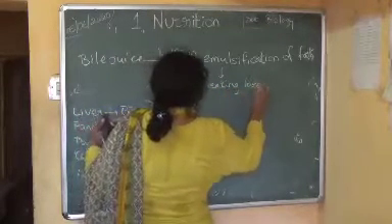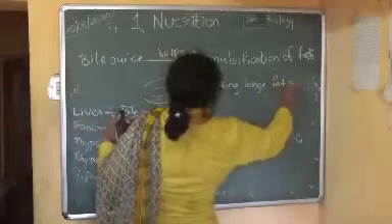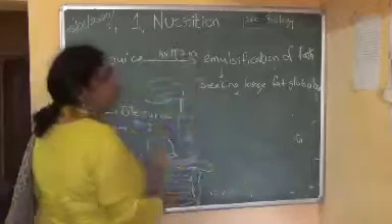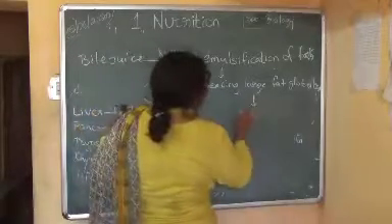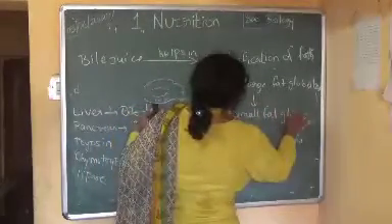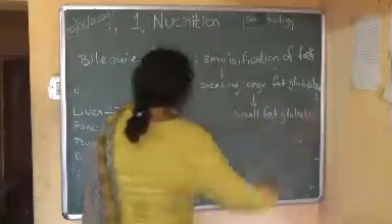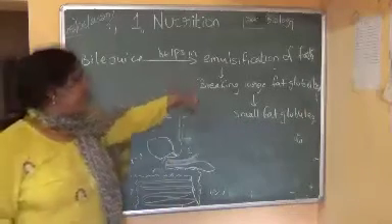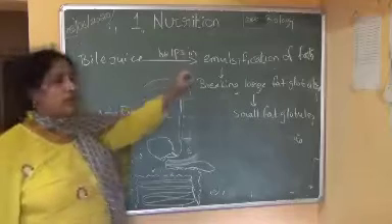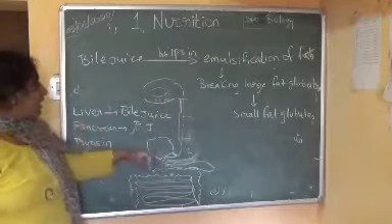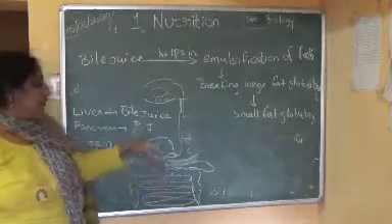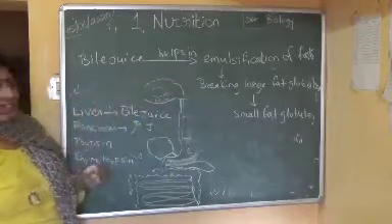Large fat globules, breaking large fat globules into small fat globules, is called emulsification. So liver secretes bile juice which does the function of emulsification of fats.